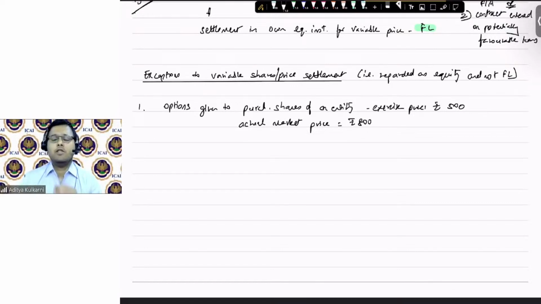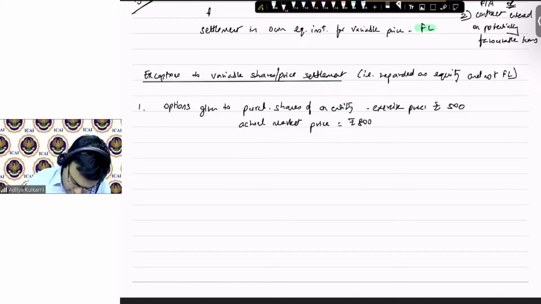You have an option to purchase shares with an exercise price of 500, and the market price on the date of exercise is 800. Obviously, you will exercise. It is a profitable deal. You can buy at 500, sell in the market at 800, and make a clean profit of 300.